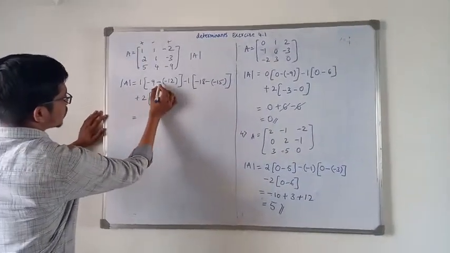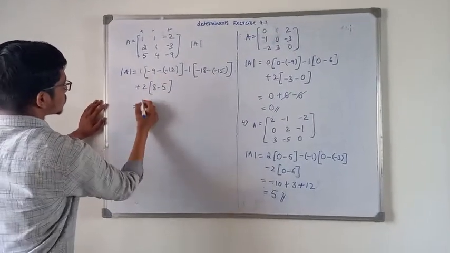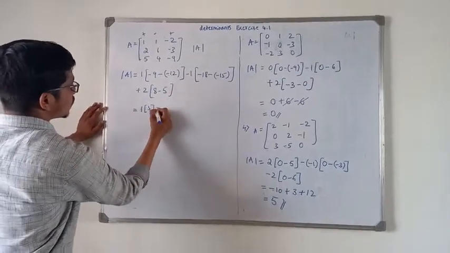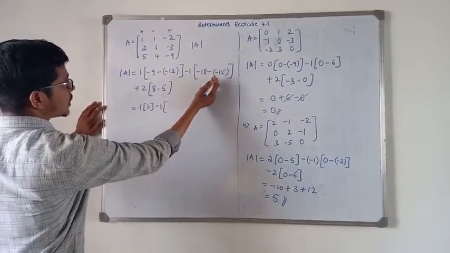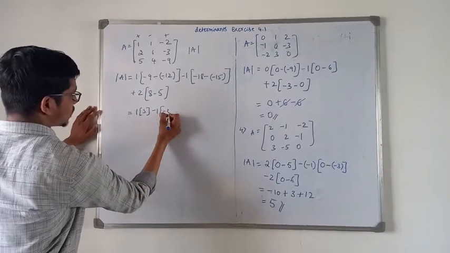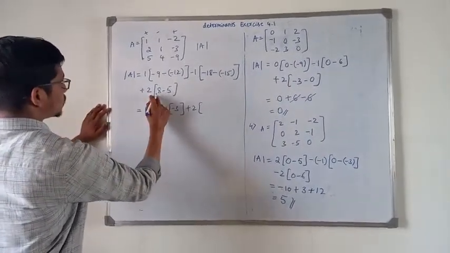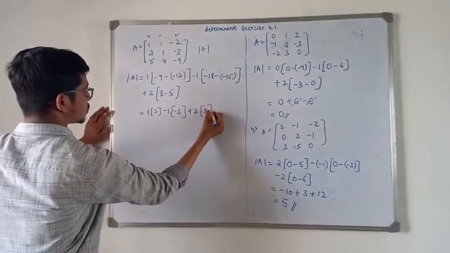Minus 9 minus into minus plus 12, that is equal to plus 3. So 1 into 3, minus 1 into (minus 18 plus 15, that is minus 3), plus 2 into (8 minus 5 is 3).